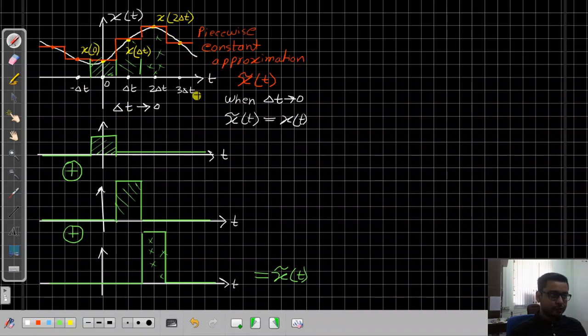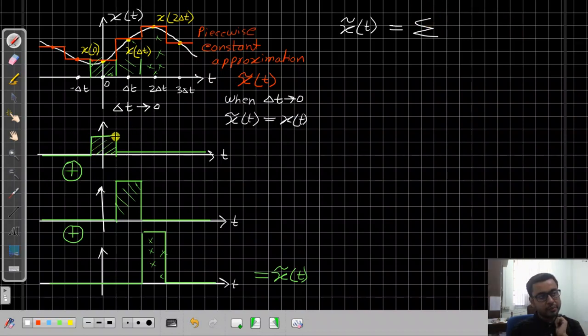Therefore I can write x tilde(t) as a sum of all these signals. Now we need some mathematical expression for this signal and this signal and this signal, so that I can write it here and add them up.